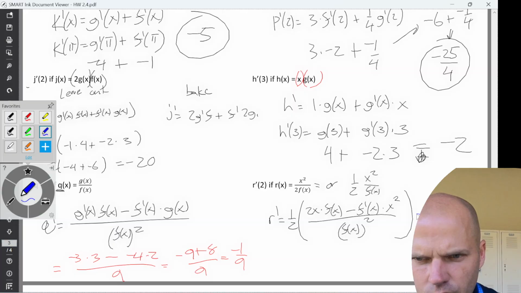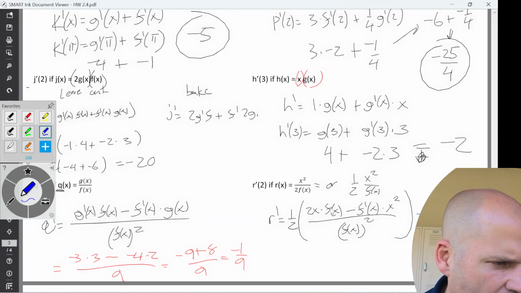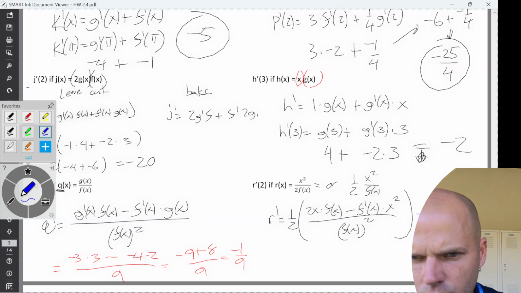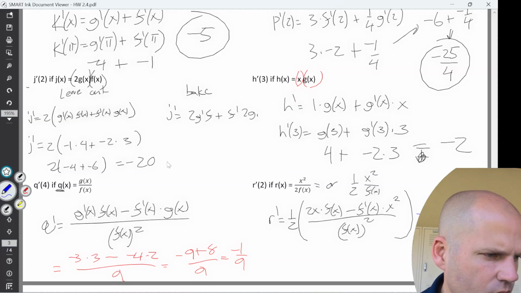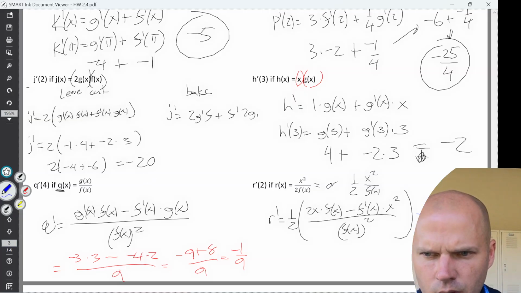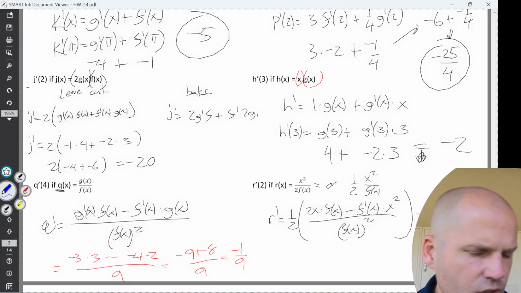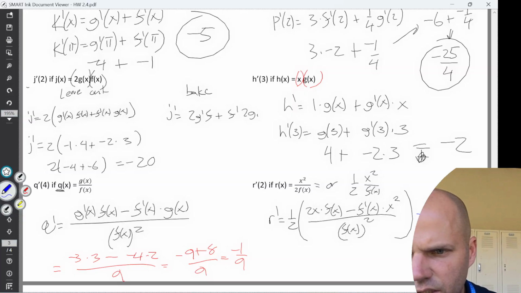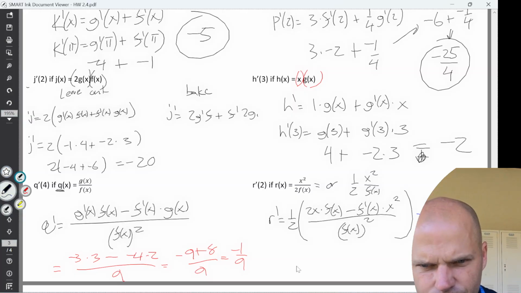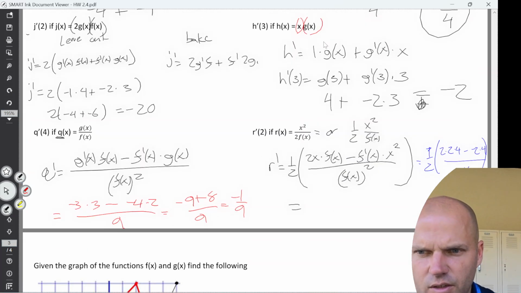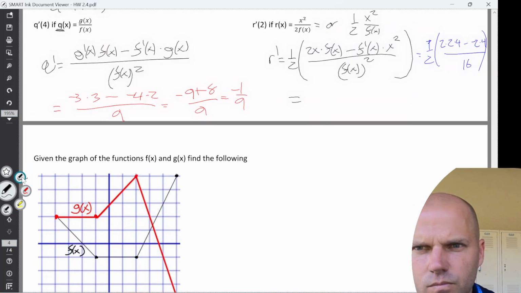So I'll have this 1/2. I'll have 2 times 2 because this 2 gets plugged in. I have f of 2 is 4. F prime of 2 is -2 times 2 squared over f of 2 is 4 squared, which is 16. So you probably can't see this. Now you can see it.